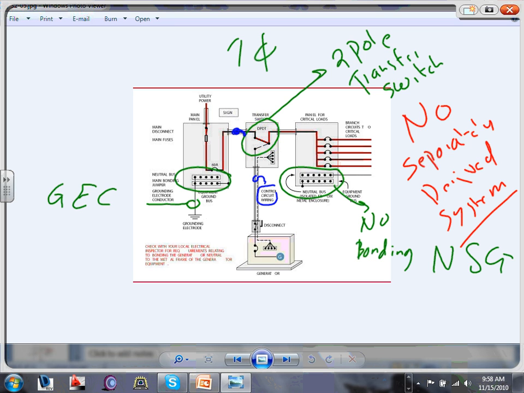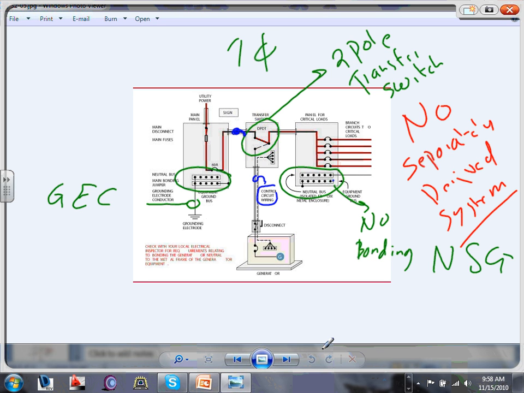If you bond both of them, then you're violating the code, because the code says you only bond the neutral and the ground at the source. Long story short, if you bond here and here, do you see that conduit here? Under normal conditions, that conduit will be carrying current, because you bond the neutral and the ground here, and you have a neutral current coming back.